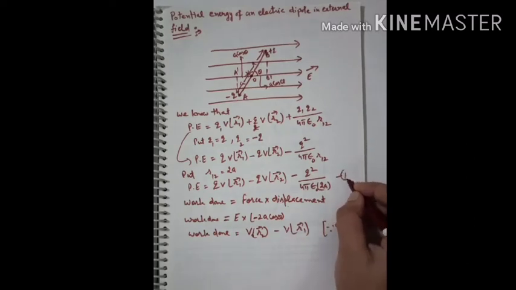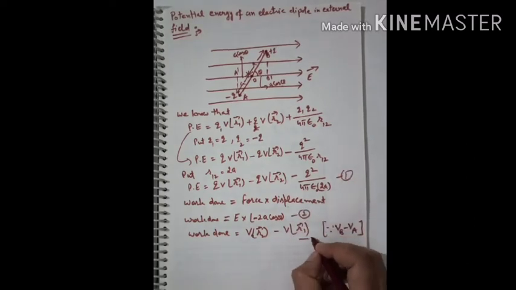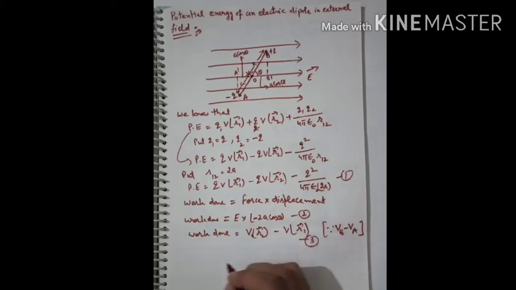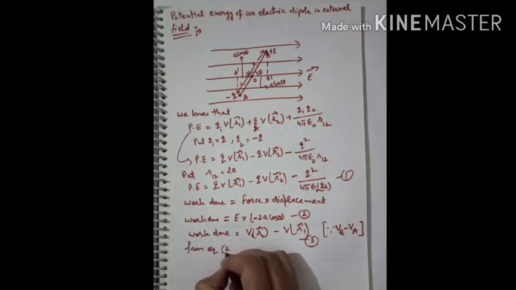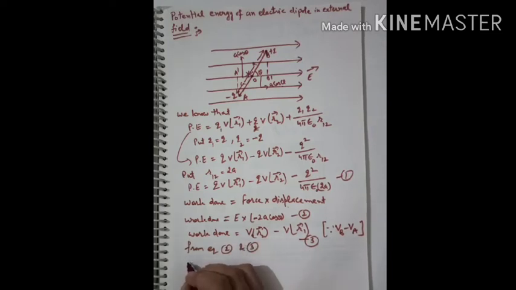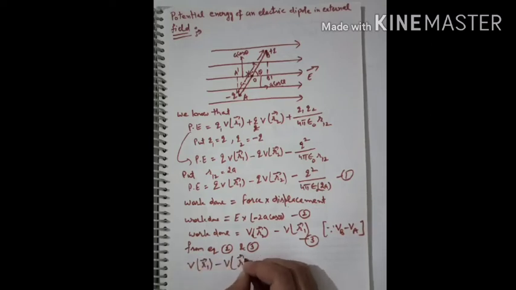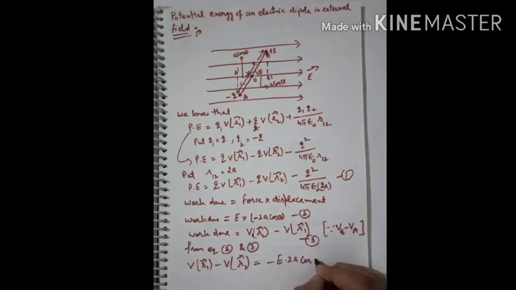Say that this is equation number 1, this is equation number 2, this is equation number 3. Equate equation number 2 and 3. From equations 2 and 3, we will get V of R1 vector minus V of R2 vector is equal to minus E into 2a cos theta.